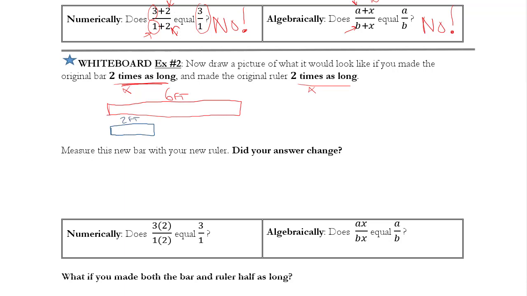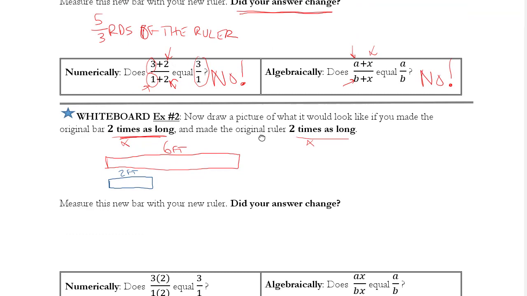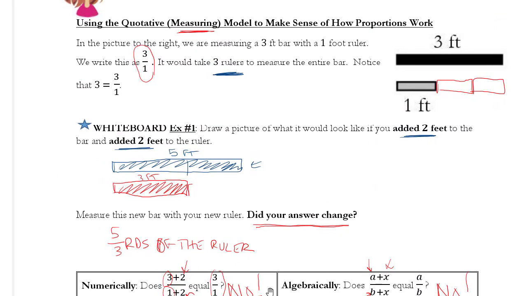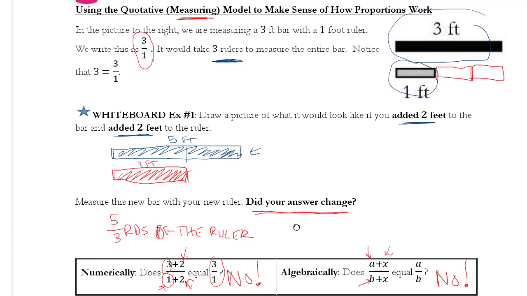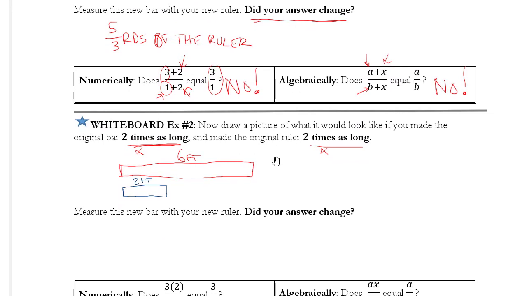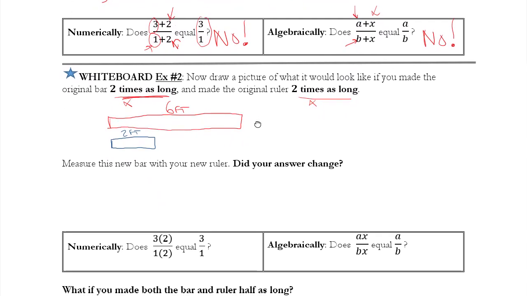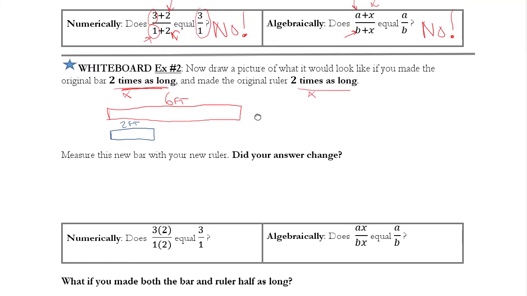Okay, so let's take a look just to make sure that we're doing this right. Originally, we had a 3-foot length and a 1-foot ruler. All we did is we multiplied the length by 2 and the ruler by 2. Great, and so we have 6 and 2. And we said originally that it took 3 of those rulers to measure that length.